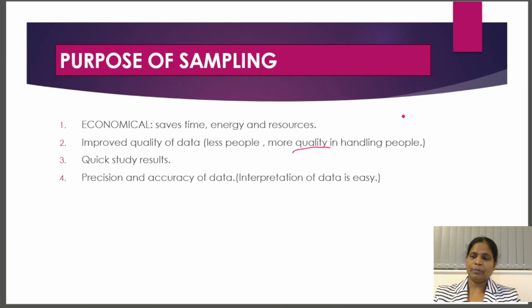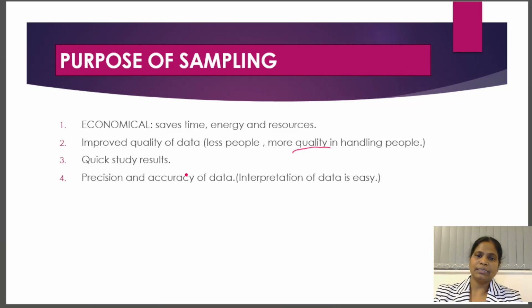If it is underrepresented, again we have sampling bias and sampling error. If it is overrepresented, we have sampling bias and sampling error occurring. So improved quality of data can come from fewer people, and we can handle the subjects and provide quality research results, but it should not be underrepresented as well.